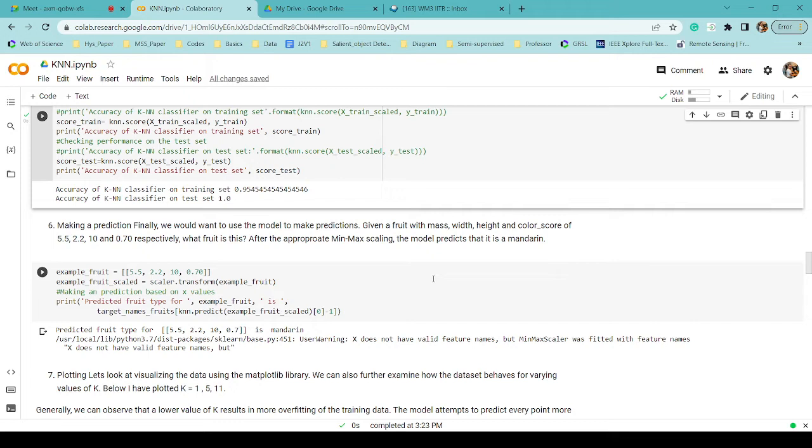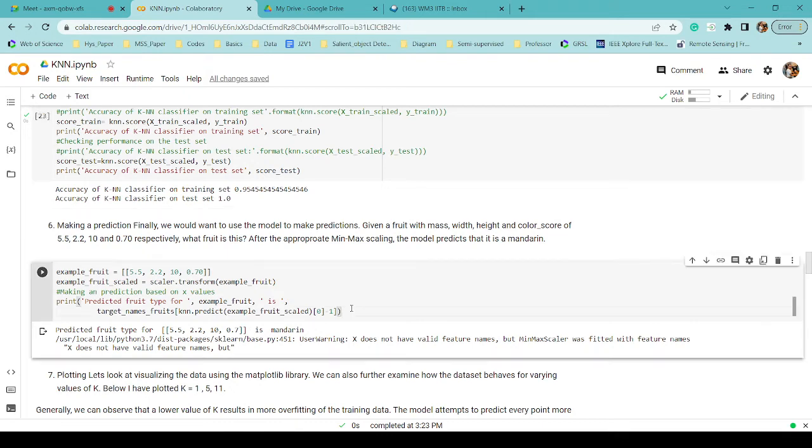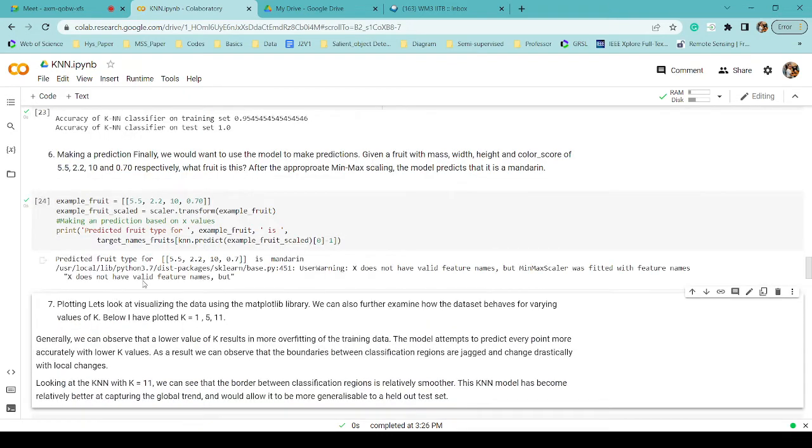In machine learning, by default everything starts with 0. This time I'm not doing that, that is why I have to do minus 1, so you start with 1. Whatever the value is, 1 will be considered as that value, and 2 as that value. So if I run, it says this is a mandarin. So for this mass, height, width and color score, it will be a mandarin.